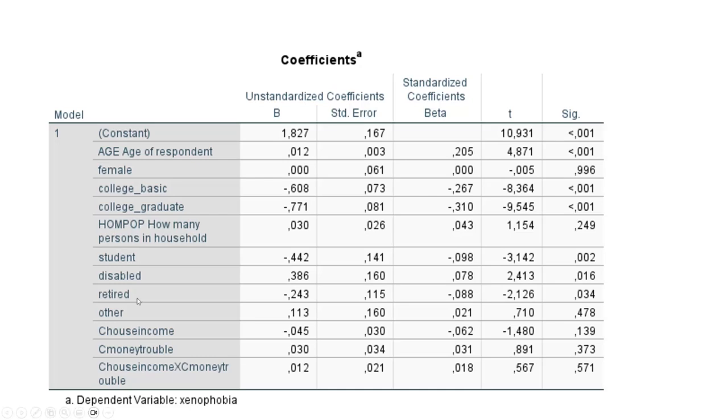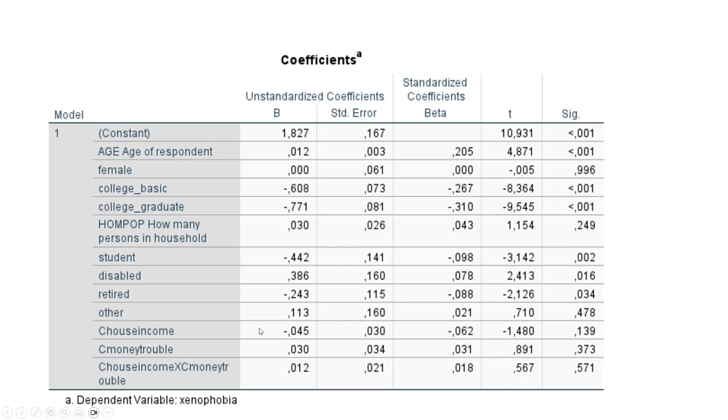The retired have significantly less xenophobia than working people, controlling for all other effects in the model, including age and education. There's no difference between other and working.